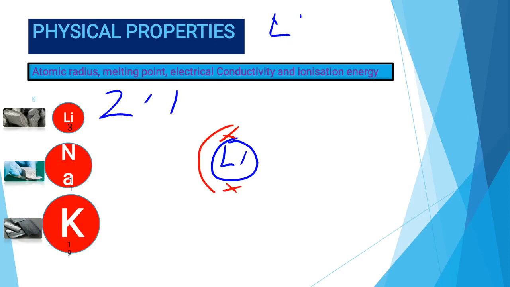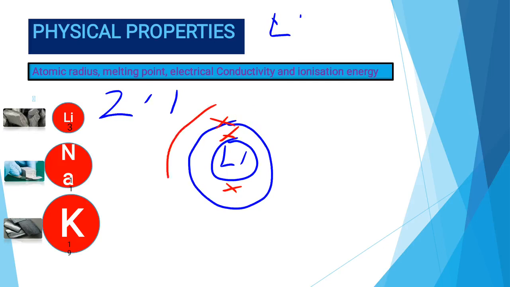Then we have the second energy level with just 1 electron. You note that we only have 2 occupied energy levels. So let's consider sodium.